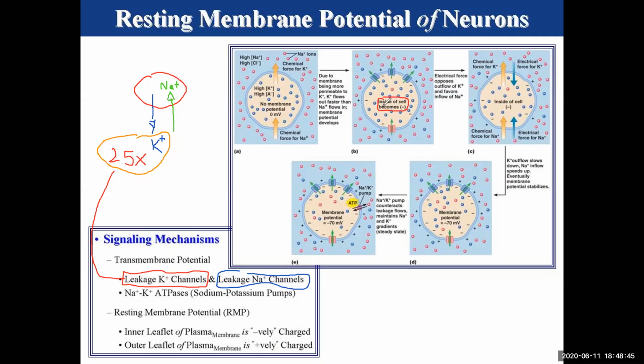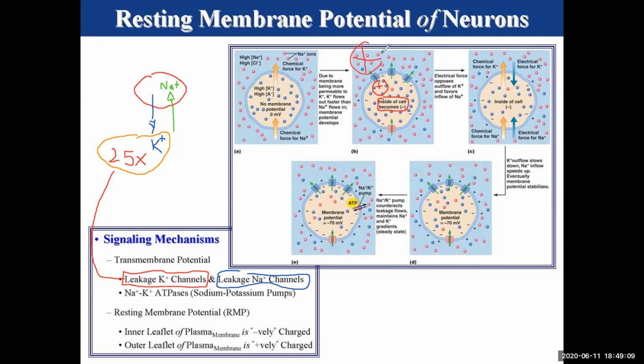Now, this is very misleading. It doesn't mean that there's negative charge here. The negativity here only means that outside you have more positive charge than inside. So inside you have a tiny plus sign, but out here you have a massive plus sign, right?